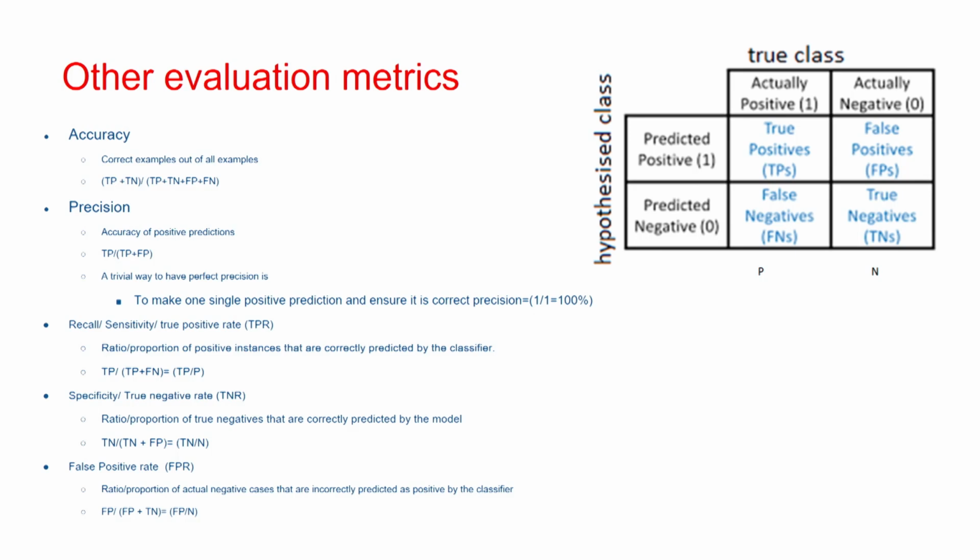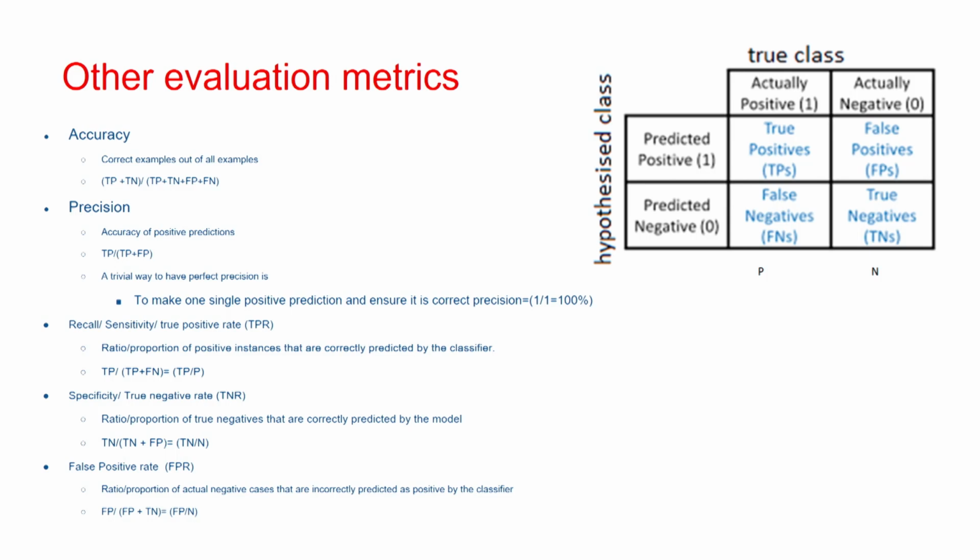Out of these positive instances, a few may be predicted as positive, and a few may be predicted as negative. If positive instances are predicted as positive, these are called true positives, and if negative instances are predicted as positive, this is the case of false positives, and that is why the precision of positive predictions can be defined as the number of true positives upon the number of true positives plus the number of false positives.